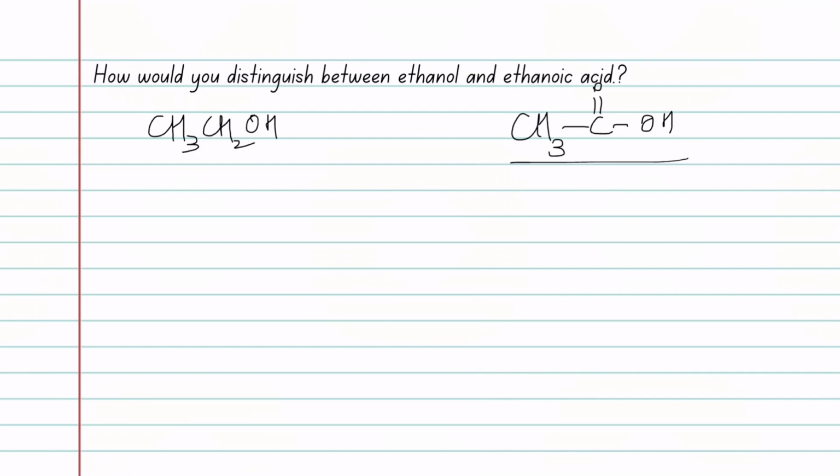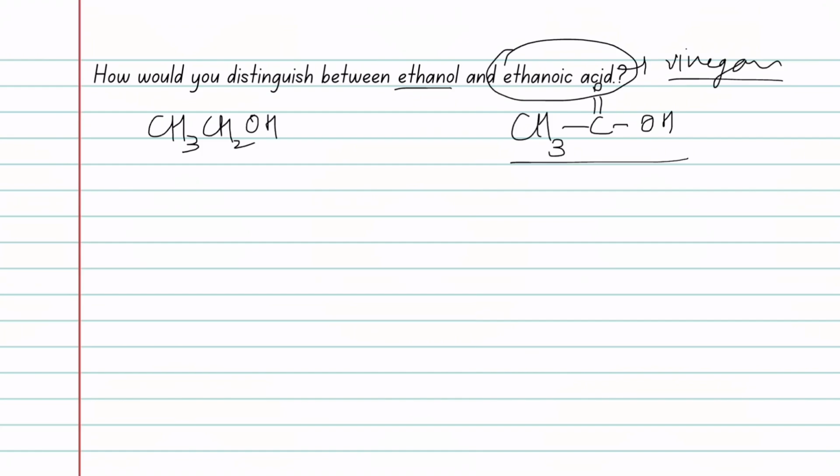Okay, there are many ways. One thing is by smell. Ethanoic acid is basically acetic acid, which will give a vinegar-like smell. Ethanol would give a spirit-like smell, but that would be a physical test. Let's say you are asked for a chemical test to distinguish between the two.